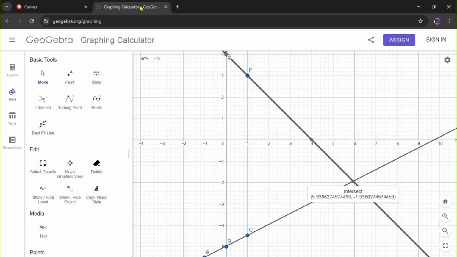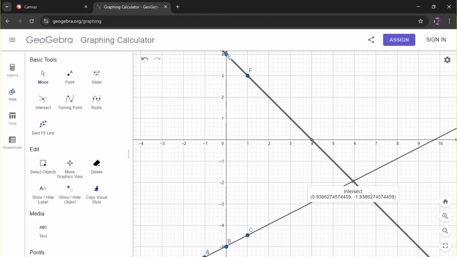If we check in our graph, we can tell how this one is. We can see that 5.9 is close to 6, but not yet there. Negative 1.9 is close to 2, but not yet there. So that is the solution for the first equation.